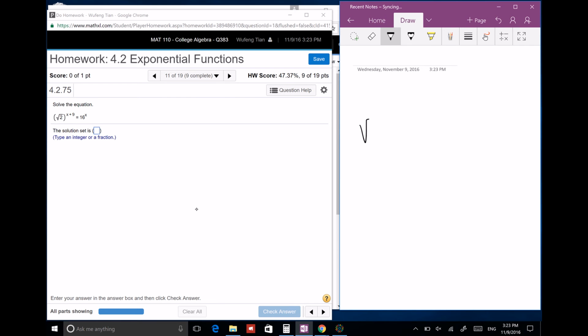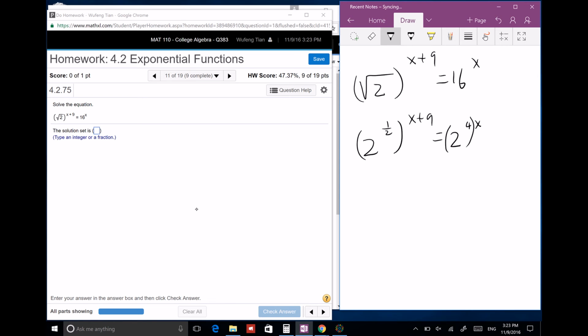Okay, the square root of 2 to the x plus 9 equals 16 to the power x. So 2 to the half of x plus 9 equals 2 to the 4x, because 16 is 2 to the power 4. Now the base is the same, so half of x plus half of 9 equals 4x. Solve for this.